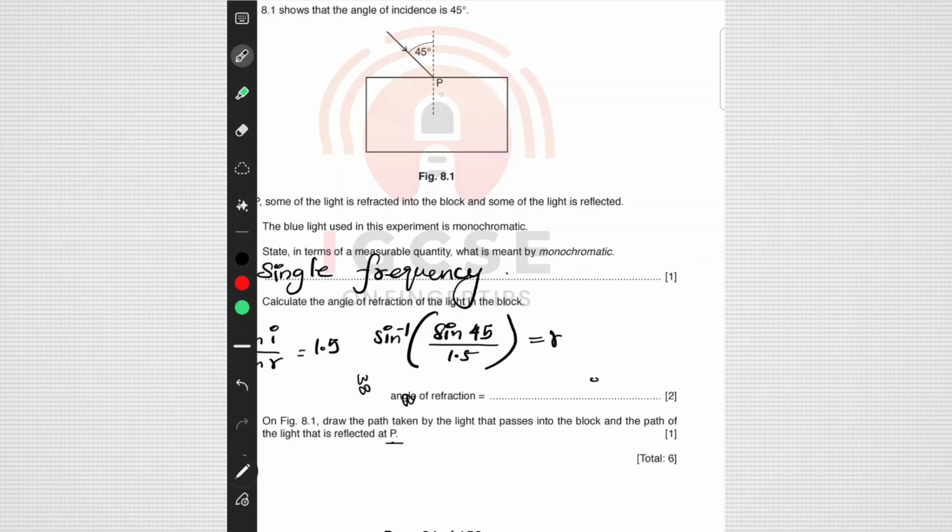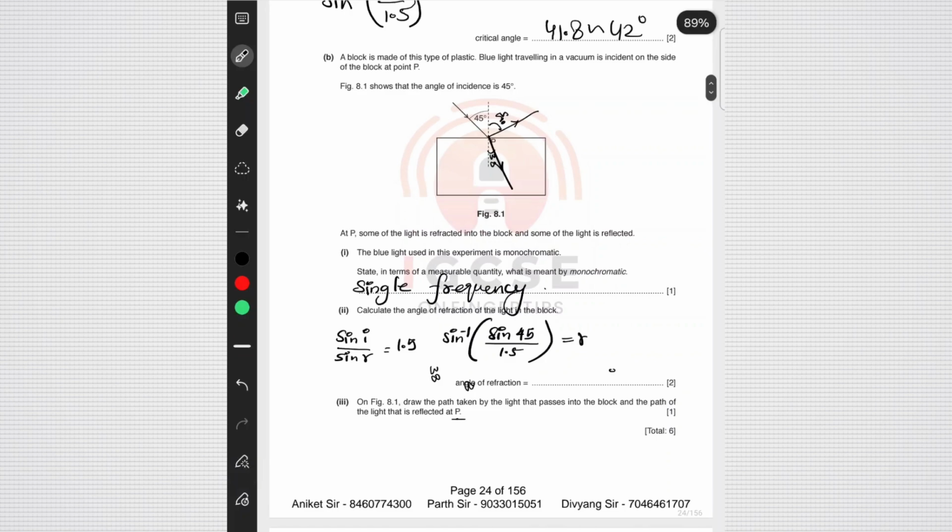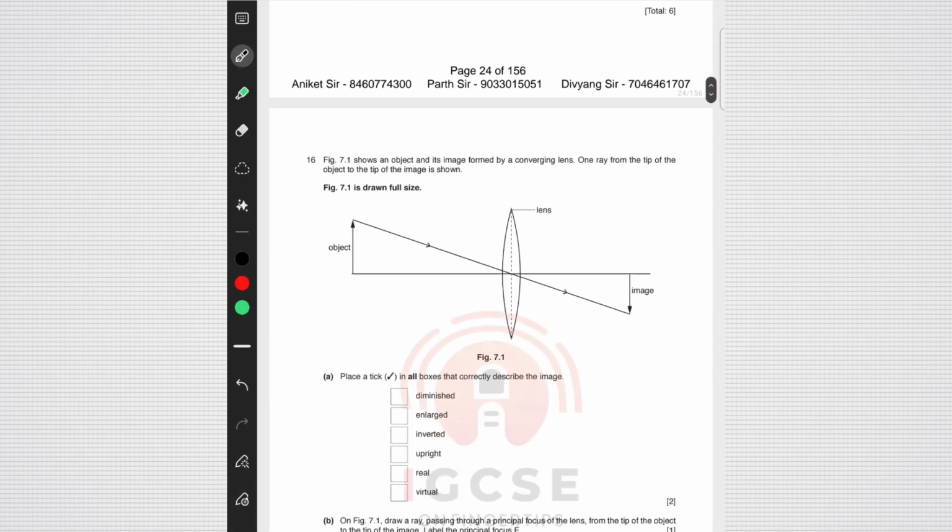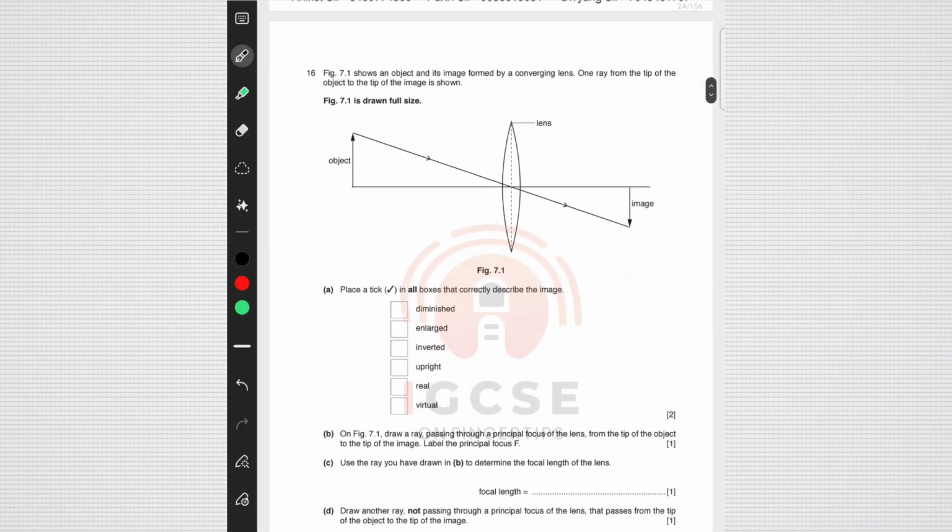I will draw an angle of 38 over here and show a line like this, and I will show another line with an angle of 45 over here and say that it is reflected. They are asking for reflected and refracted both.